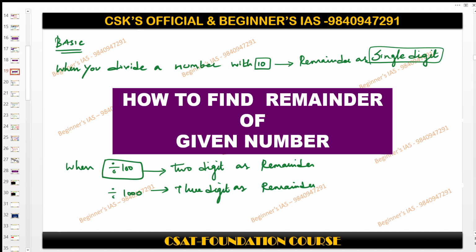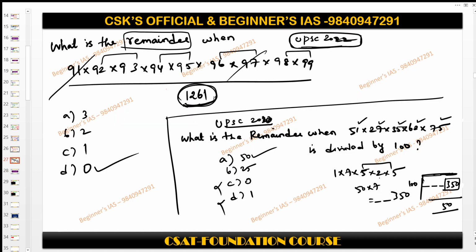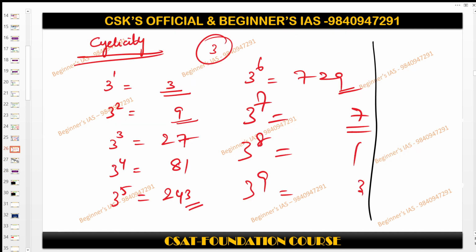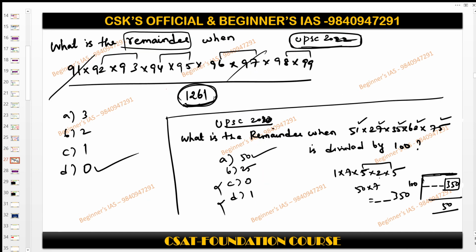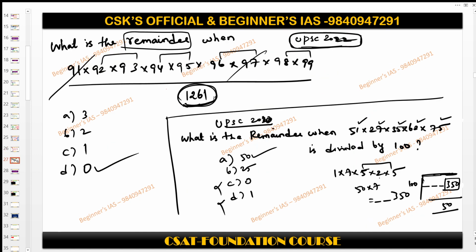You know why? See, 2020 there was a question, 2021 there was a question, 2022 also there was a question with respect to the remainder topic. Be familiar with this area, so you have to be very careful.